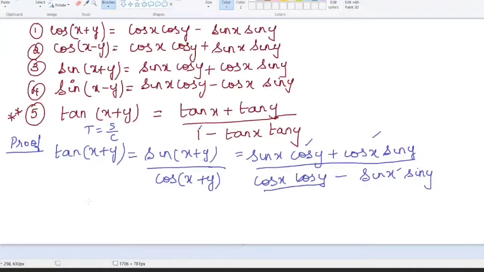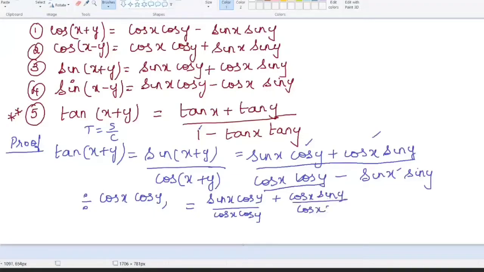So this will become sin x cos y by cos x cos y plus cos x sin y by cos x cos y, whole divided by cos x cos y by cos x cos y minus sin x sin y divided by cos x cos y. I have divided all four terms by cos x cos y.